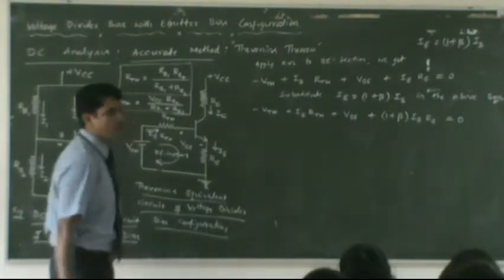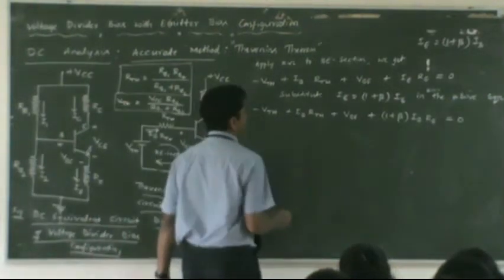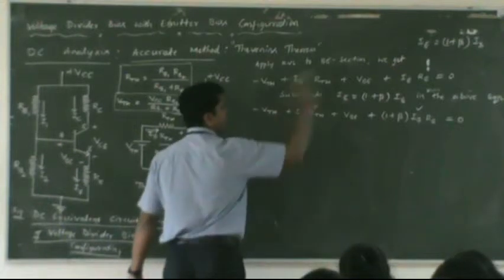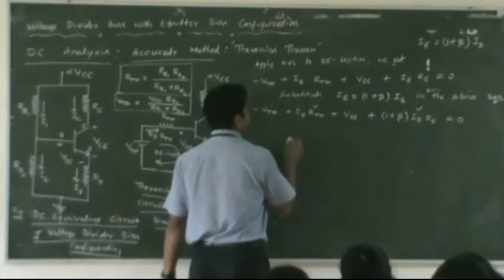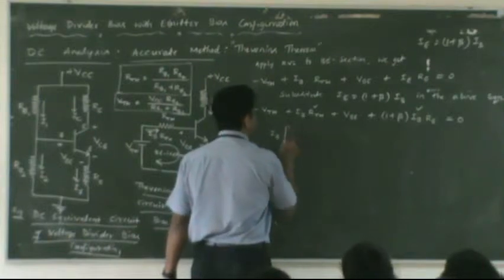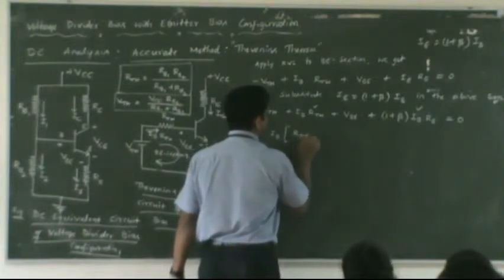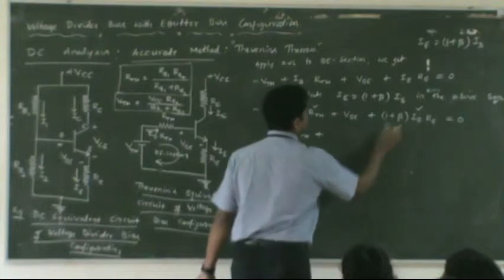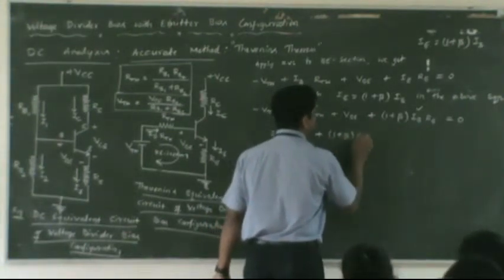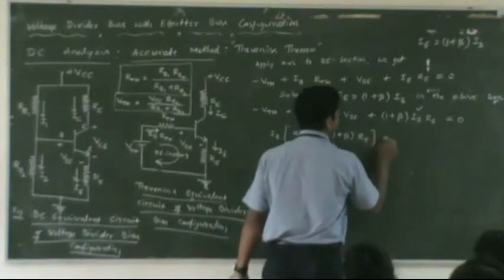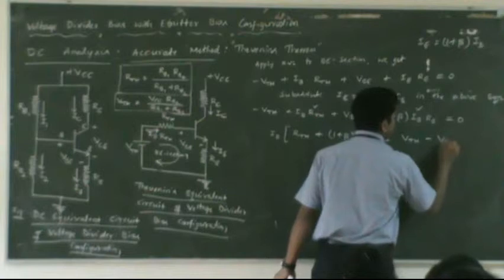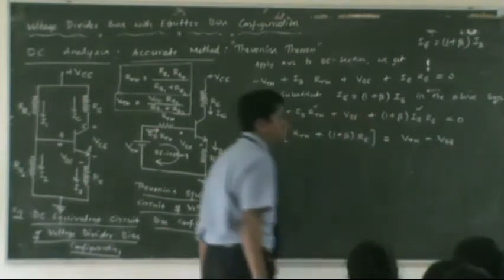Take out IB as a common factor, as we did for emitter bias. We have an IB here, and the rest of it we can transfer to the right hand side. Taking IB as the common factor, we are left with RThevenin plus 1 plus beta times RE, which is equal to VThevenin minus VBE.